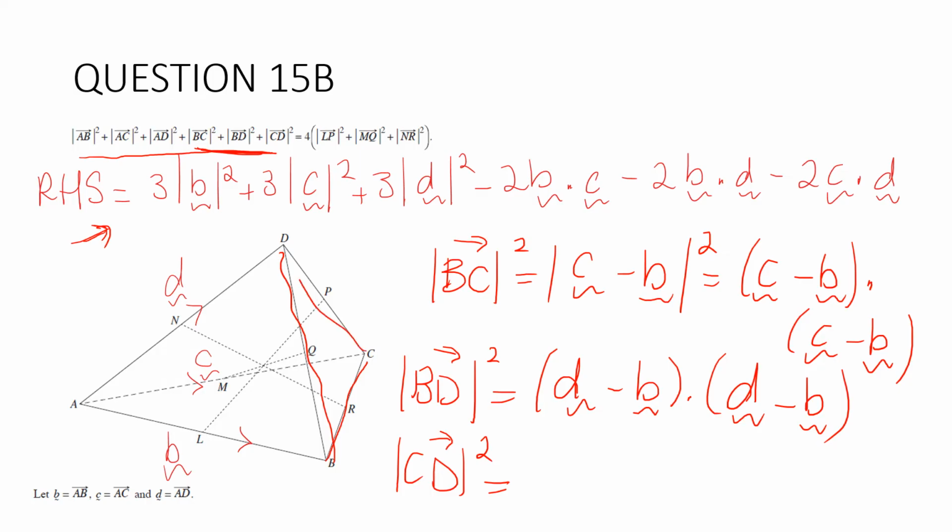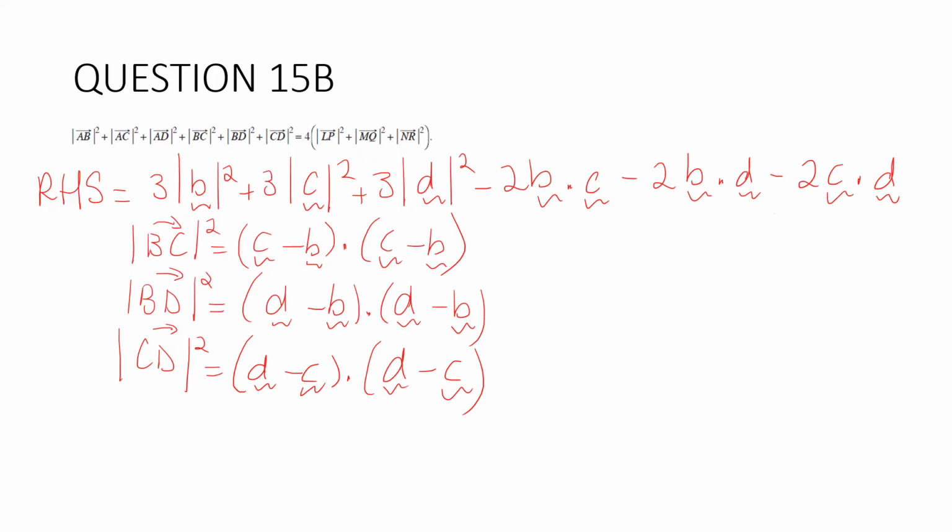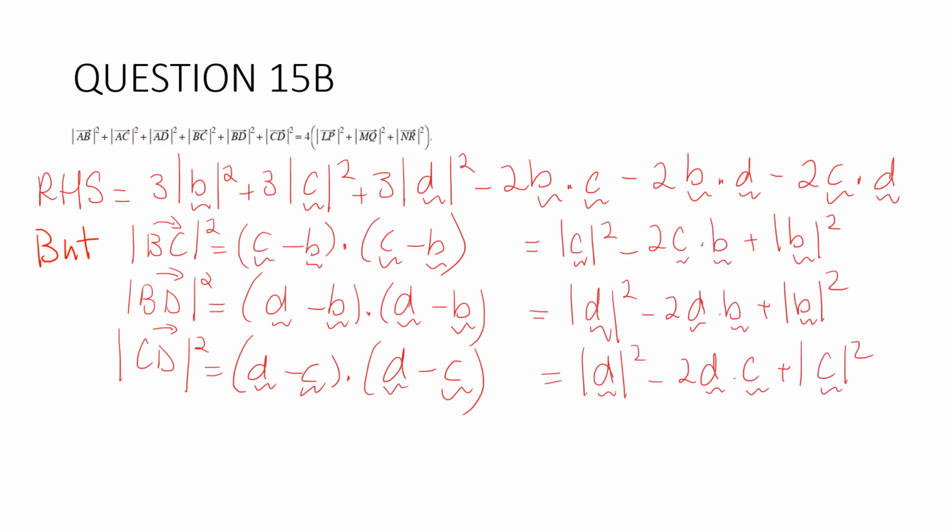CD is D take away C dot D take away C. And so to use that, we're just going to write in the middle of our proof, but, and then state these equations. And let's expand them all out. Again, I've just done that beforehand.